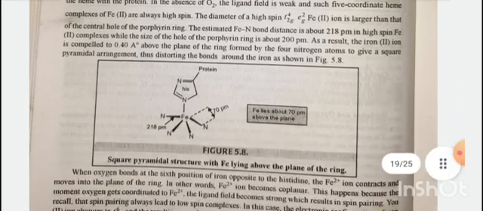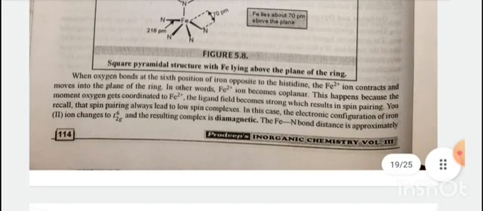giving a square pyramidal arrangement, thus distorting the bonds around the iron as shown in figure 5.8. When oxygen bonds at the sixth position of iron, opposite to the histidine, the Fe2+ ion contracts and moves into the plane of the ring. In other words, the Fe2+ ion becomes coplanar. This happens because the moment the oxygen gets coordinated to Fe2+, the ligand field becomes strong, which results in spin pairing.